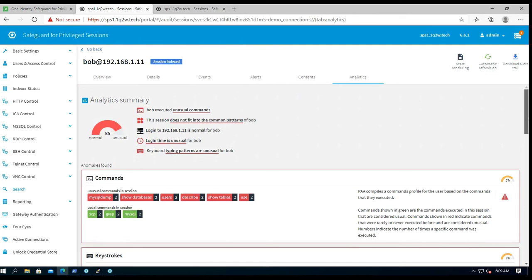And combine that with the SIEM integration, the alerting, and the real-time preventive capabilities, you have an overall secure system when it comes to the activities in your infrastructure with your privileged accounts.